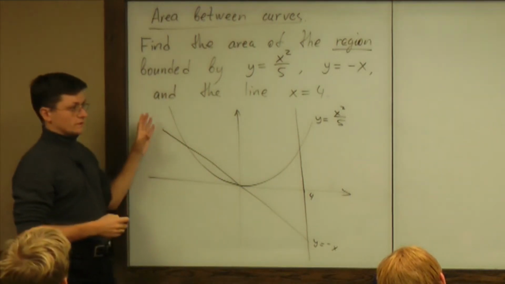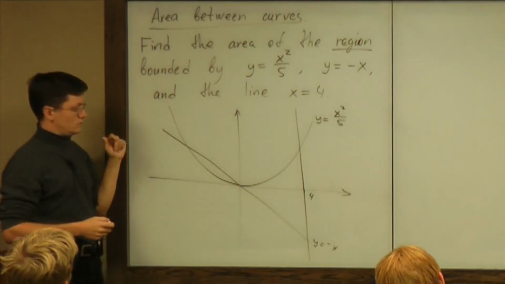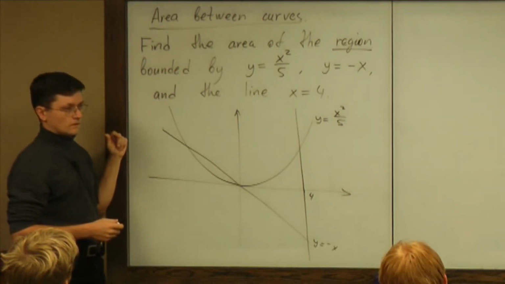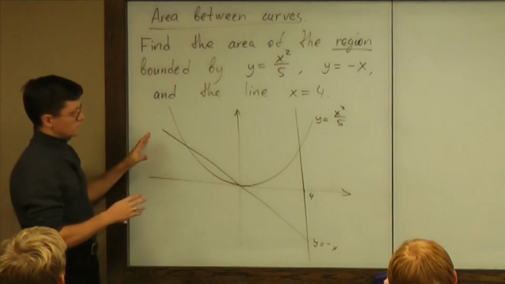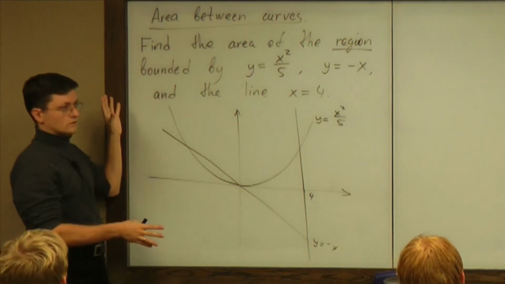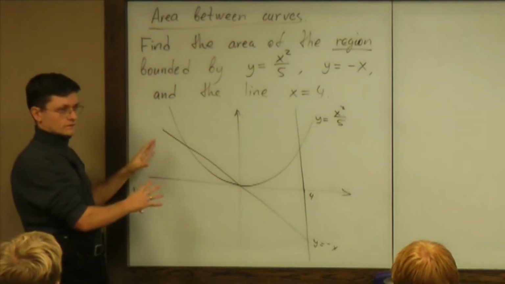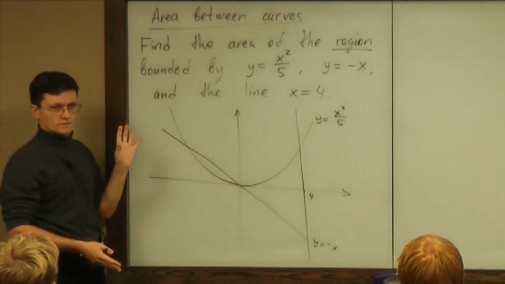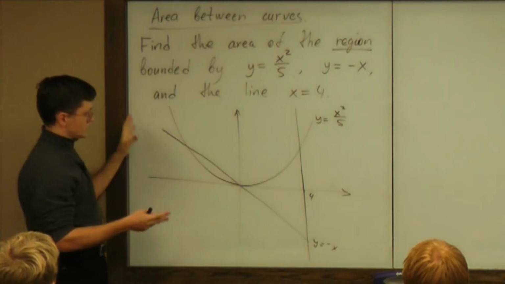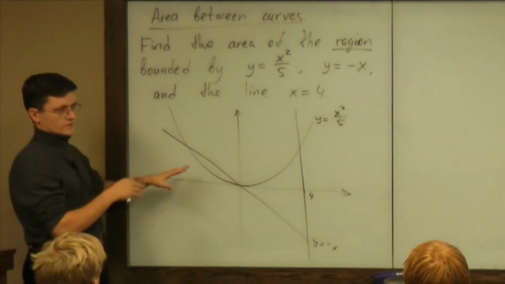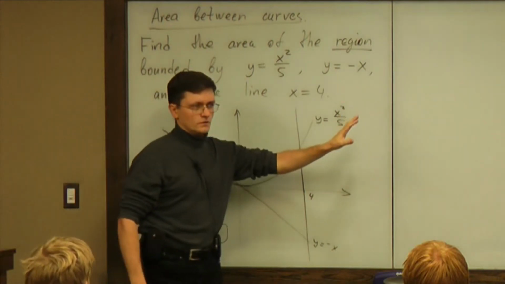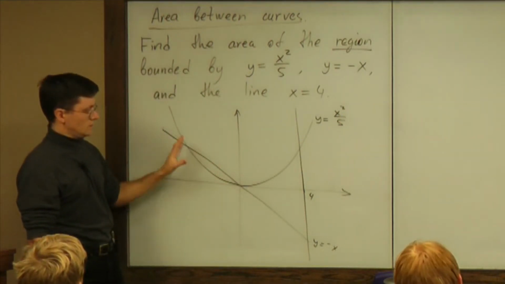Now, what is it exactly that the problem is asking for? The area of that region, right? Notice that these three curves cut the plane into many different regions. And of course, some of them are not bounded, and for those, immediately you can say that the area is infinite. So those are of no interest to us.